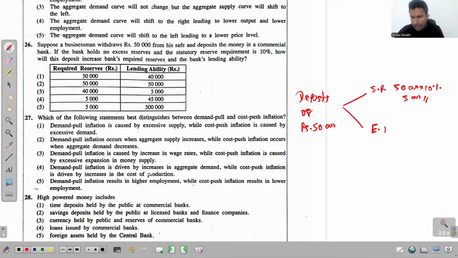So how much is that excess reserve? That is just 50,000 into the remaining 90%, which is simply 45,000. So the required reserve is 5,000 and the lending ability of the bank increases by the amount of the excess reserve, and that's 45,000. So the answer for this question 26 is the fourth one.